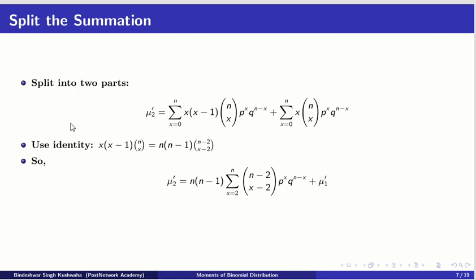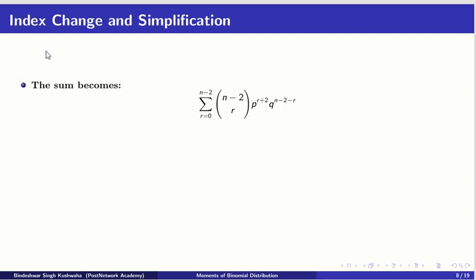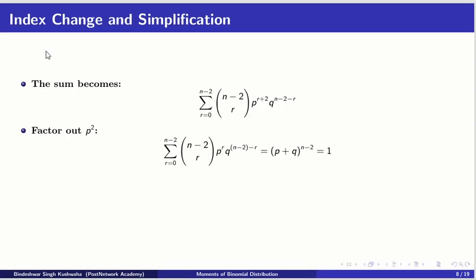So mu2 prime would be equal to, again, this part is mu1 prime or the mean. Now again we will put r equal to x minus 2, so x is equal to r plus 2, and thereafter finally this expression will be equal to 1.